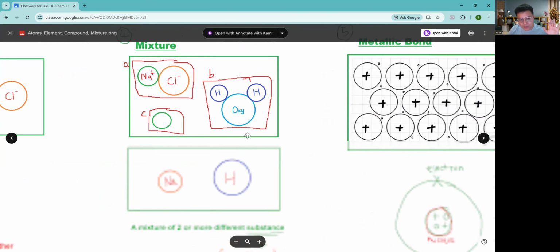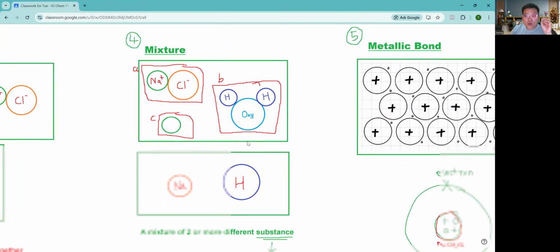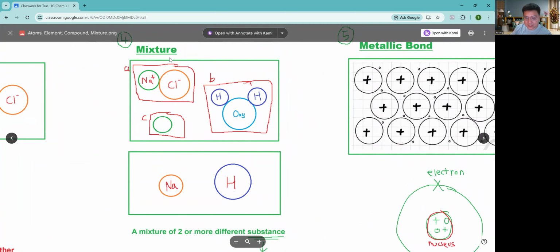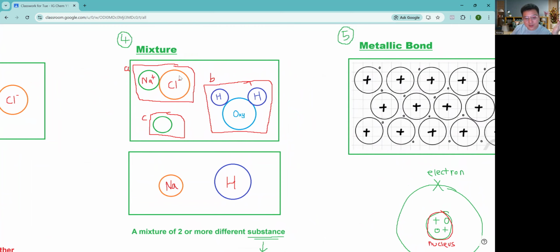And talking about two types of things together, if I have two or more types of things together, what do we call it? Mixture. So you can see here, this is three types of things. Okay, as long as you have two or more, everything rojak together, mixed together, right? This one is three different types of things mixed together. It's called a mixture.